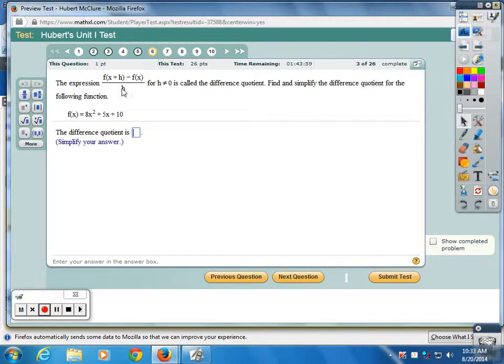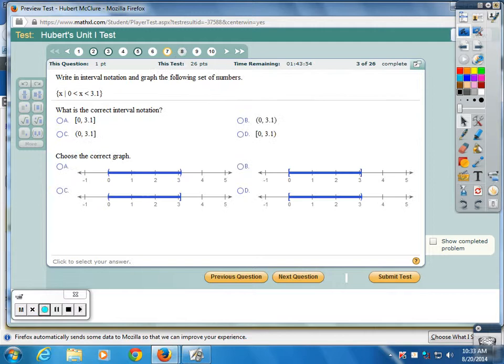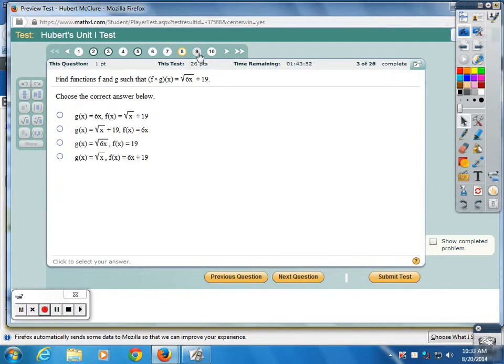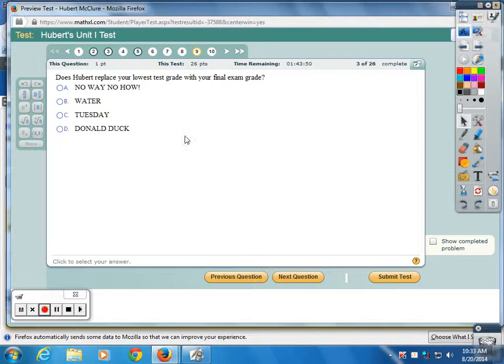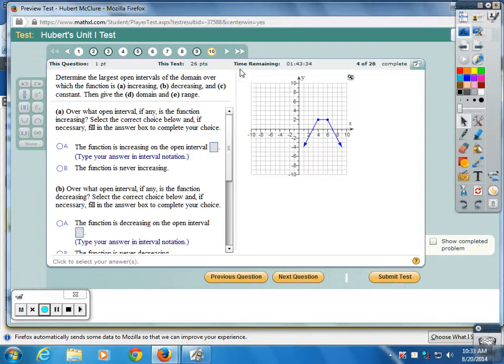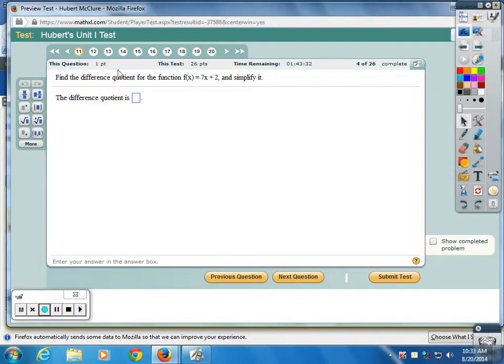And that's difference quotient. Another test question. Does Hubert replace your lowest test grade with your final exam grade? No way, no how. Water, Tuesday, Donald Duck. You don't know how tempted I was to put Donald Duck. Listen, there's enough people that miss it.